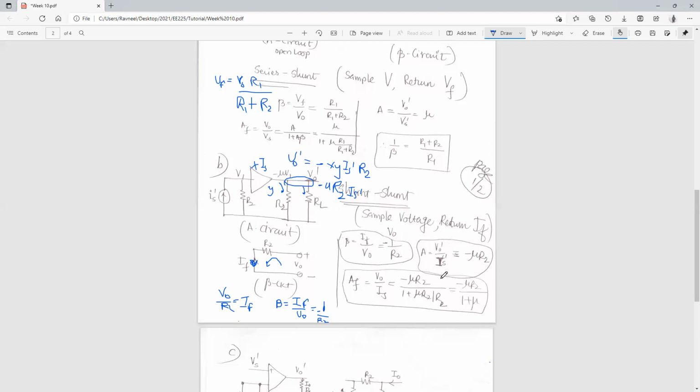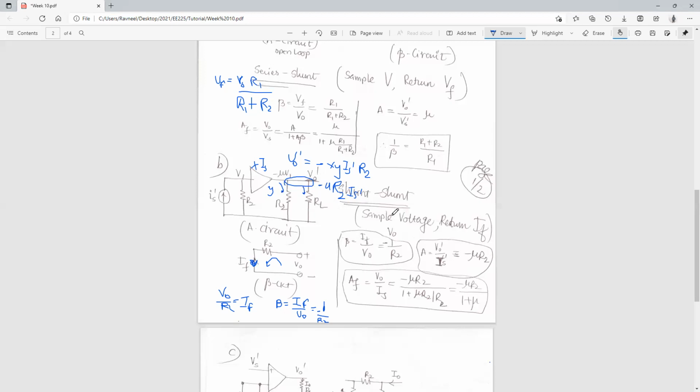We do not need to calculate this closed loop gain. We were just interested in calculating the beta gain. This is just given over here because the open loop gain is slightly complex, as you can represent it in many ways. In this particular case, we have chosen to represent it in terms of R2.